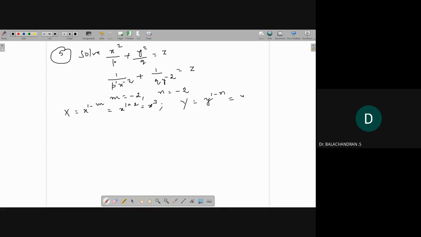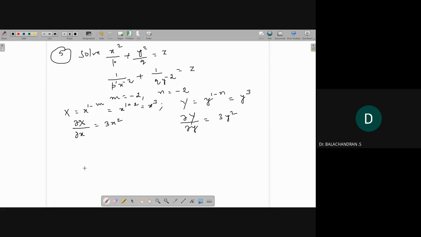So this is equal to y power 1 minus of minus 2. So y power 3. So dou capital X divided by dou small x equal to 3x square. Similarly, dou capital Y divided by dou small y equal to 3y square.